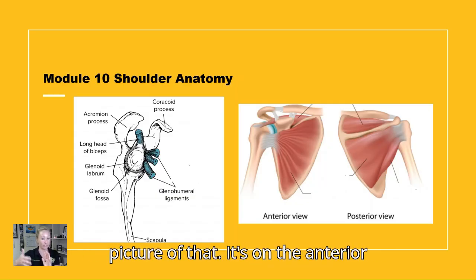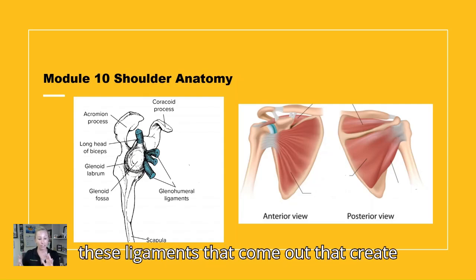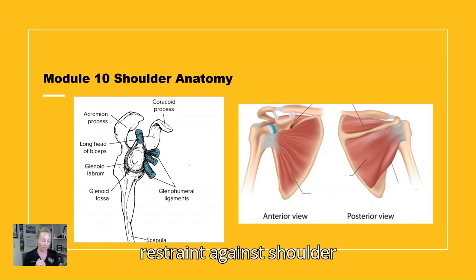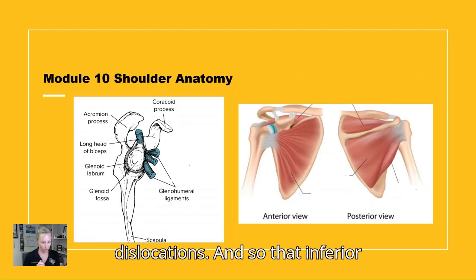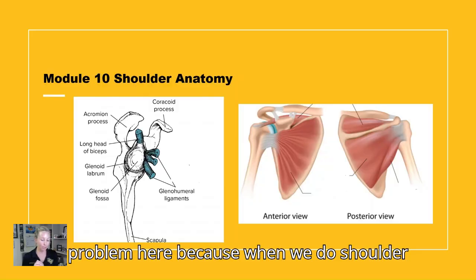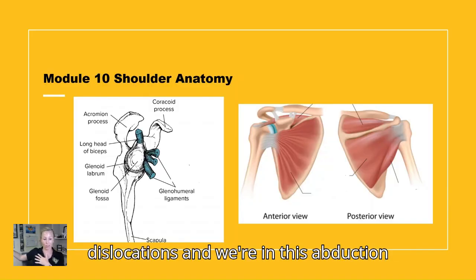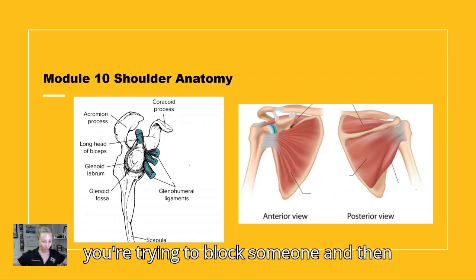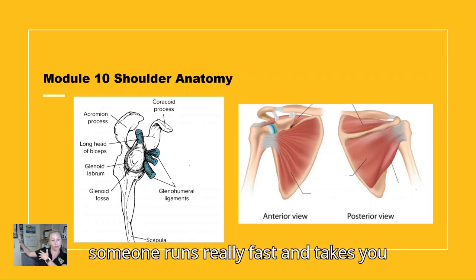It's on the anterior side of the glenoid fossa, and you have these ligaments that come out that create like a bag, and it is the primary restraint against shoulder dislocations. And so that inferior glenohumeral ligament is really our problem here, because when we get shoulder dislocations, we're in this abduction extended motion, like in football when you're trying to block someone and then someone runs really fast and takes you back.